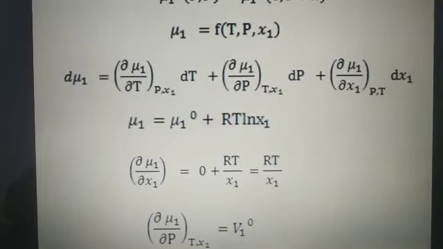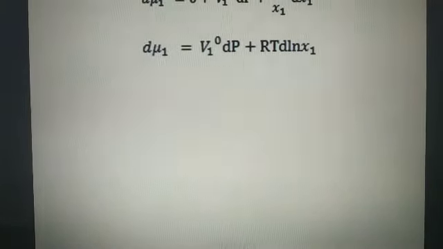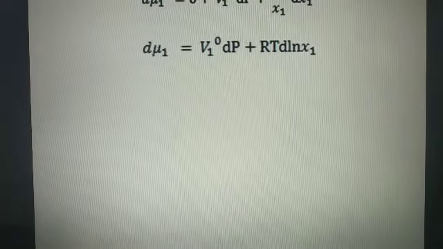So we can substitute the values to determine d mu1, which is equal to the molar volume of the solvent multiplied by dP plus RT by x1 into dx1. If you further modify this equation, d mu1 is equal to V1 naught into dP plus RT d ln x1, because the differential of ln x1 is 1 by x1 into dx1.